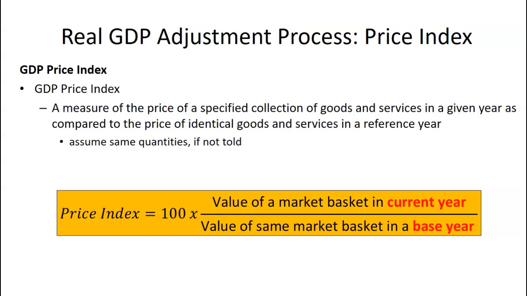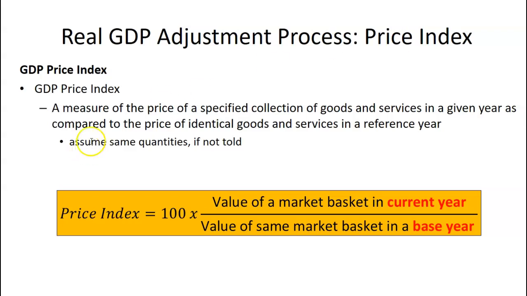So we're going to do a couple of things with this, and we'll get more explanations as we go along. The first thing is we're going to need a GDP price index. Now, a price index is a measure of the price of a specified collection of goods and services, what we call a market basket, in a given year as compared to the price of identical goods and services in a reference year. So a price index says, for the same amount of stuff, how much more expensive was it?